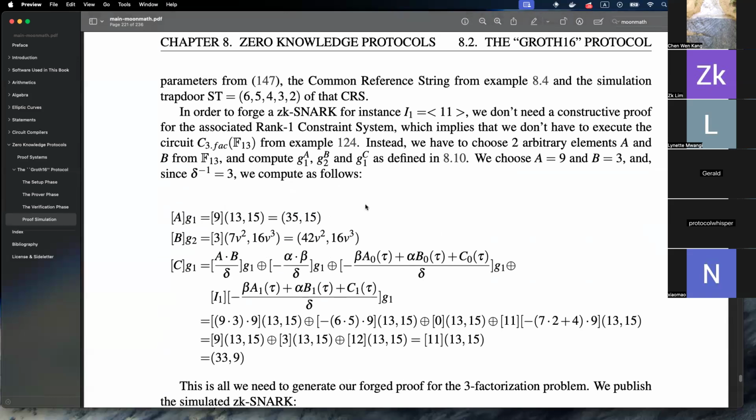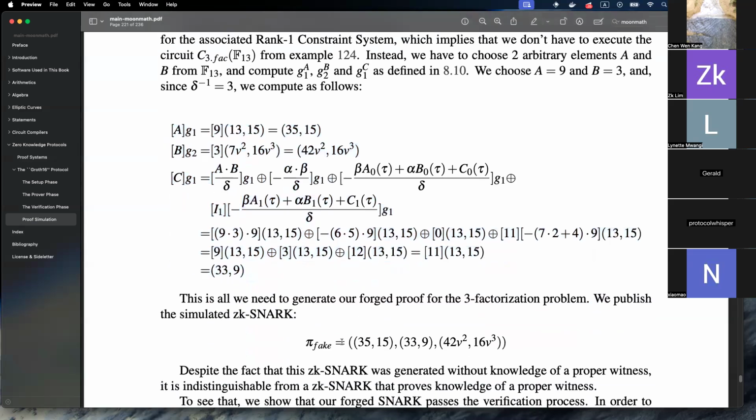I think they show it here. Given I equals 11, you can just choose arbitrary elements A and B and then compute it so that it's this, right? And in this case, when you verify this, it will be valid, because as long as you can compute something valid, the verifier will verify it as correct.